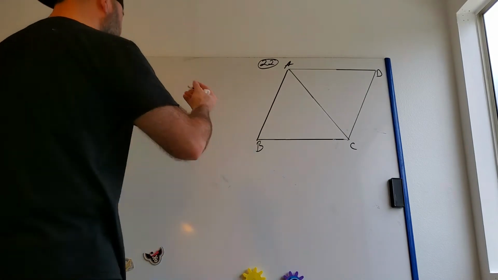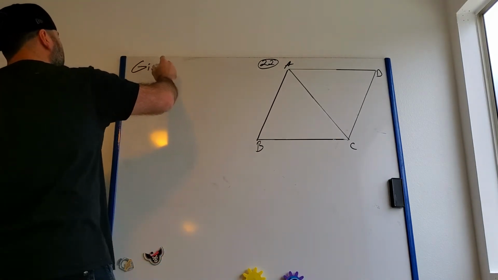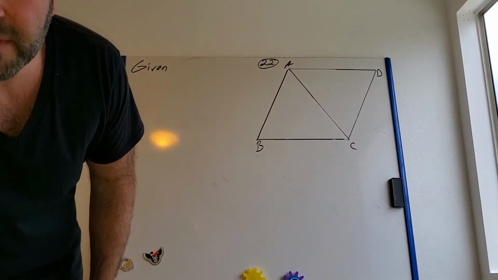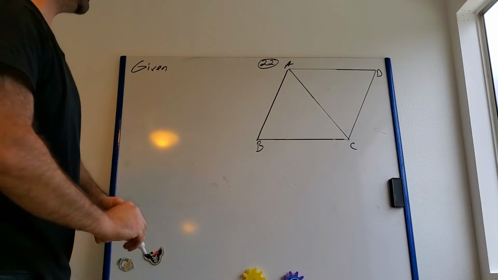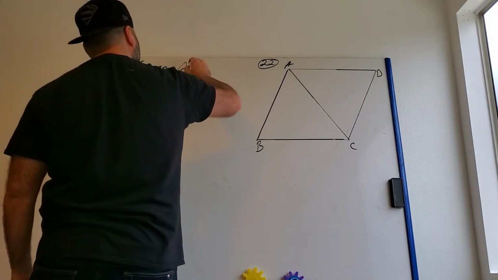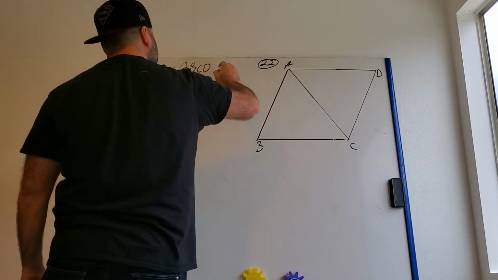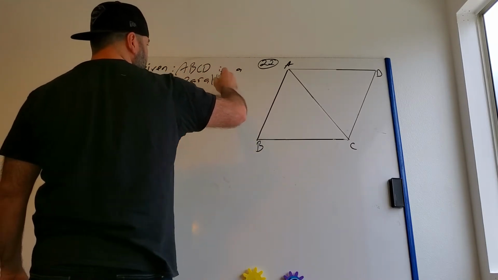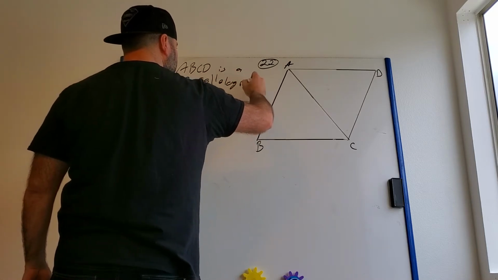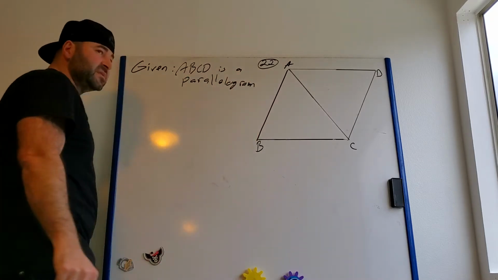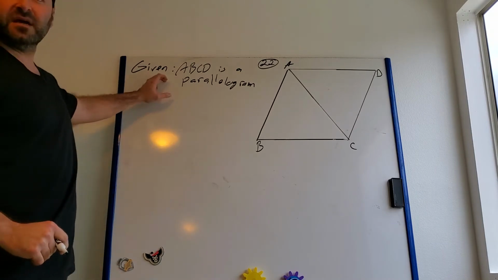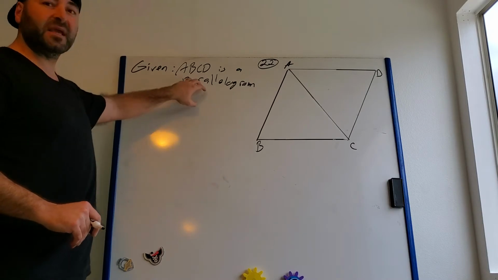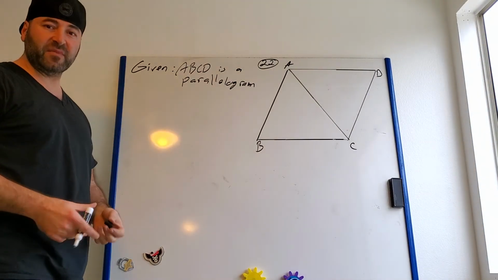So on number 22, we are given, let me scroll down on my laptop. We're given that ABCD is a parallelogram. So it kind of goes hand in hand with everything that I just finished talking about on number 7, because the fact that they tell me that it's a parallelogram means that I can already take into account everything that they just gave me.